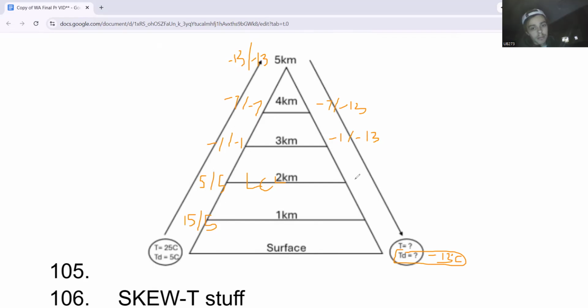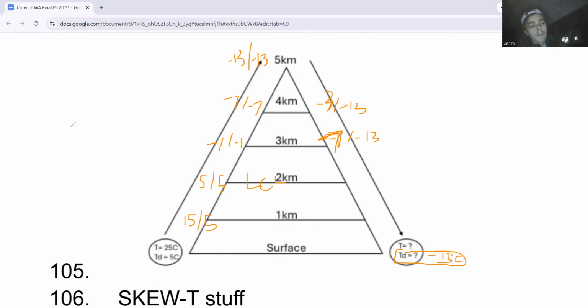Oh, wait, shoot. Sorry. Wrong, wrong, wrong. It increases by the dry adiabatic rate. Dry adiabatic lapse rate, always. Sorry. So -3, -3. Then plus 10 is 7 degrees positive.